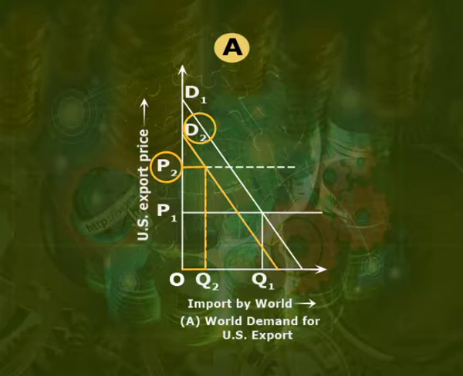That is a downward shift of the demand curve to the left. As a consequence, American exports, or imports by the rest of the world, decrease to OQ2.